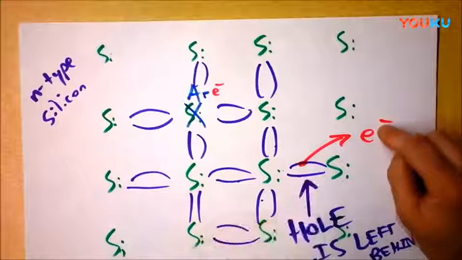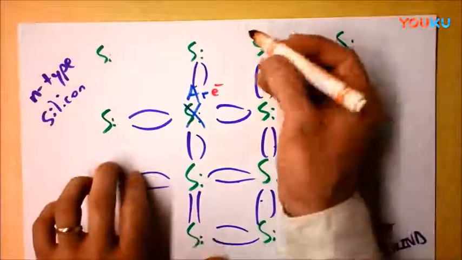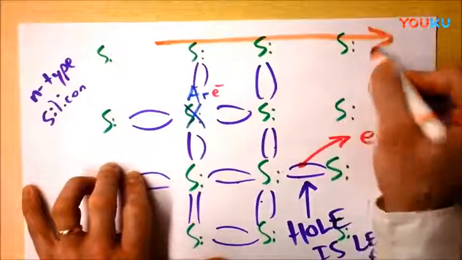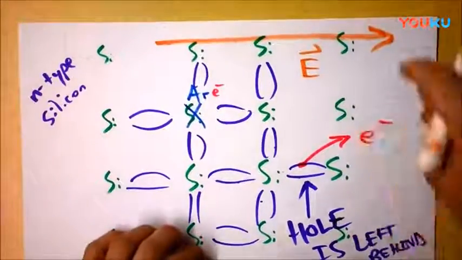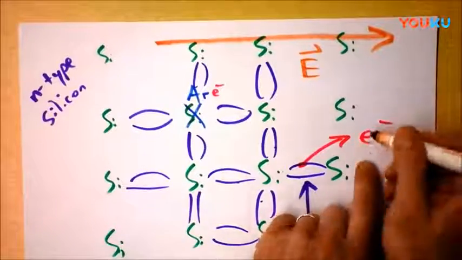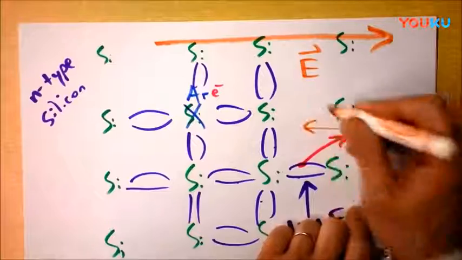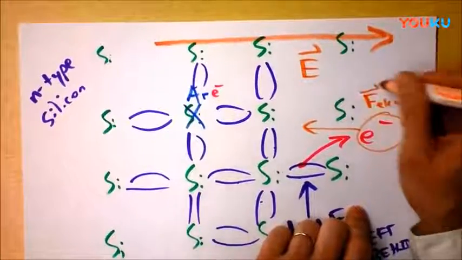Now what could happen is that hole, if we turn on an electric field, let's put an electric field in with orange. Let's have an electric field pointing this direction, in this N-type silicon. If we put on an electric field facing that direction, the electron will want to go this way. That's the force felt on the electron by the electric field.